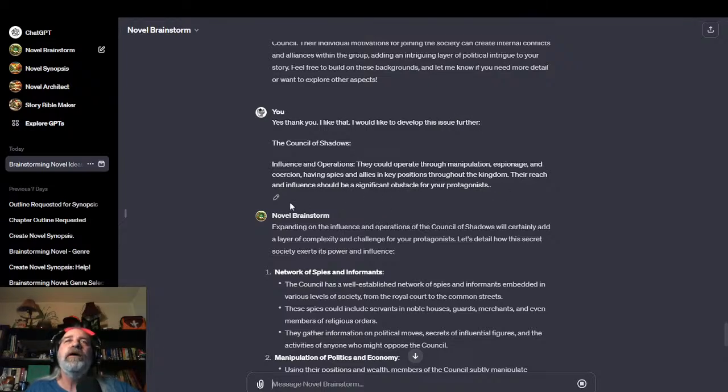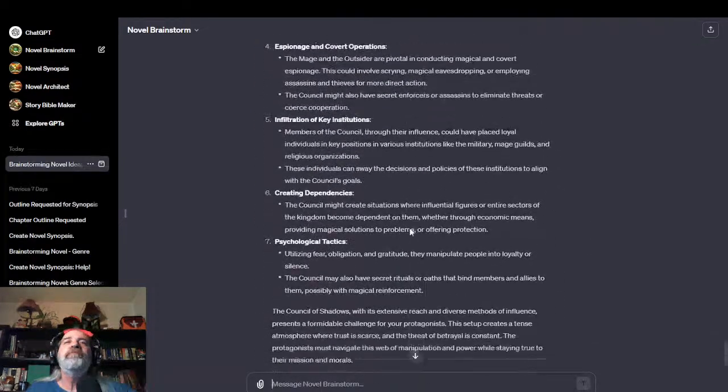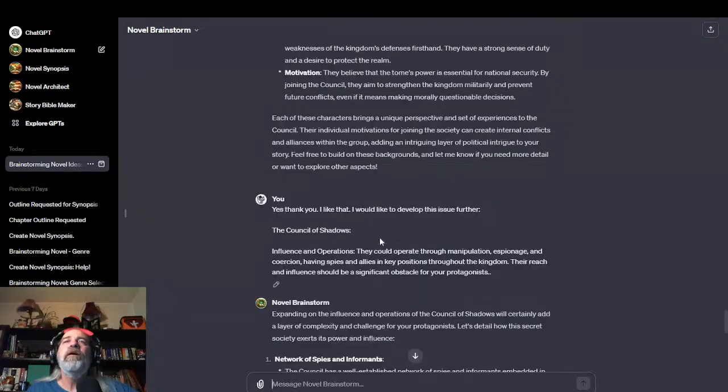Normally I would ask, could you please make some suggestions for the statements made in this section, but it did it on its own. It derived it from the context, I would like to develop this issue further, and then the data that I gave it.